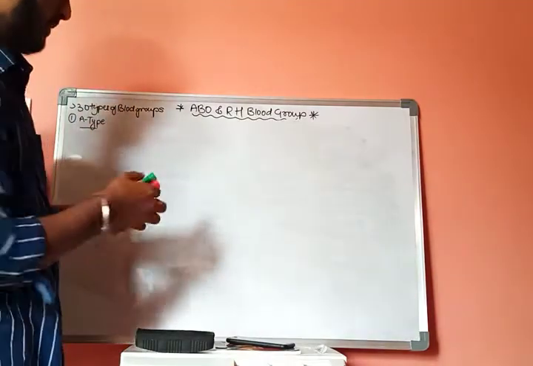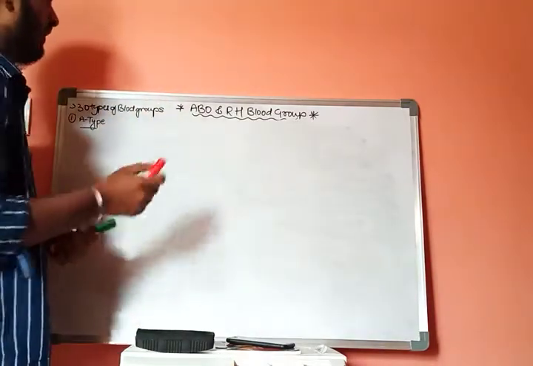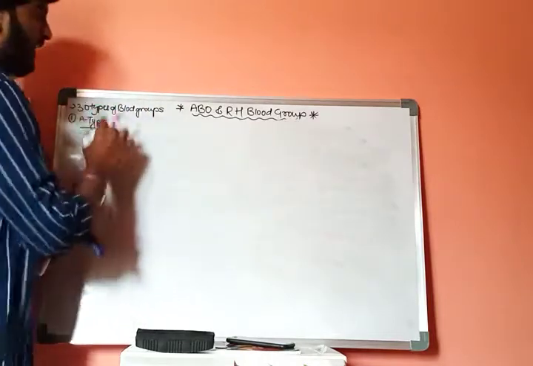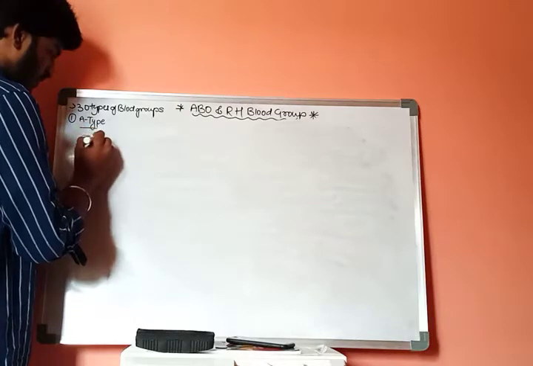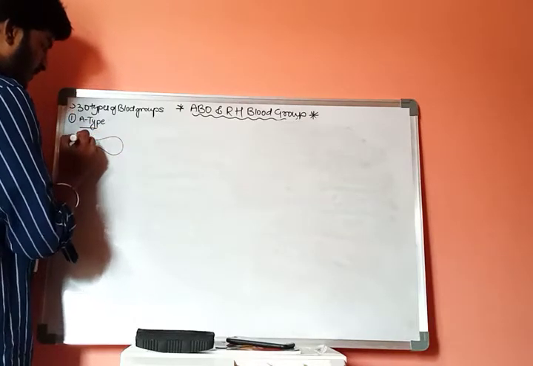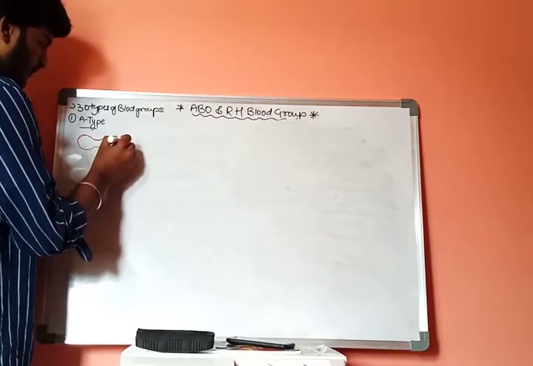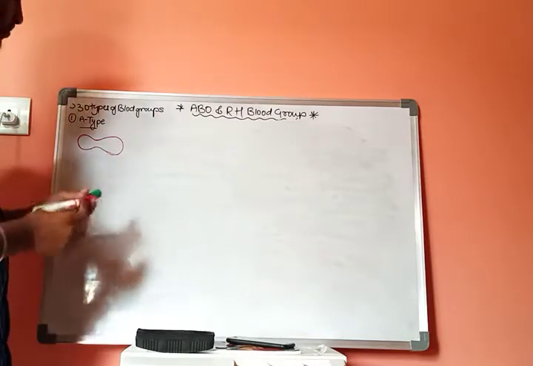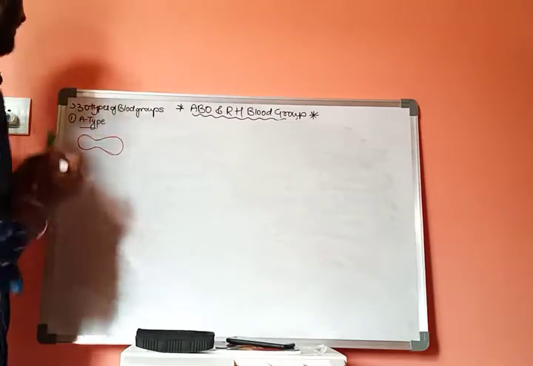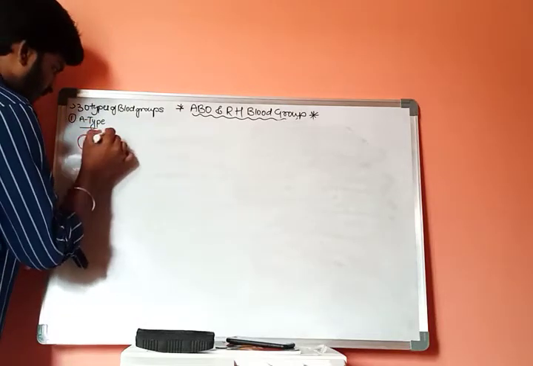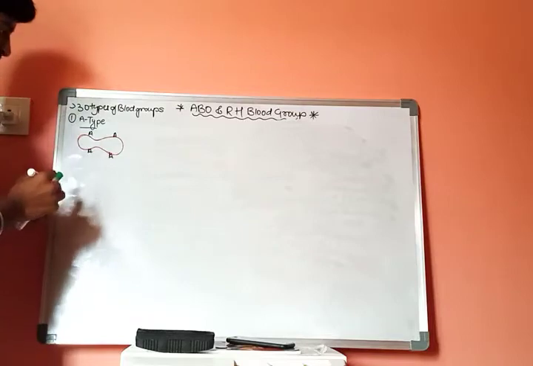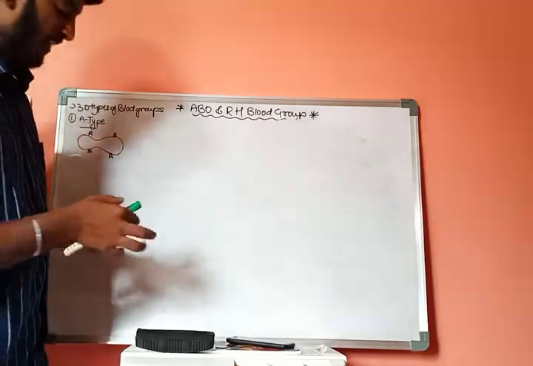If a person is said to have A type of blood group, the surface of their RBC contains A type of antigens. This is about A type of antigens.